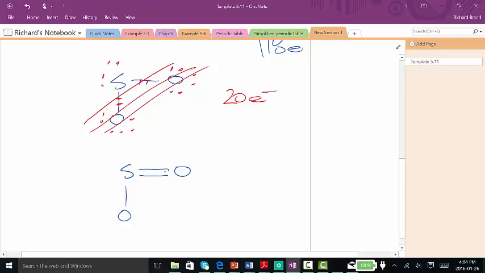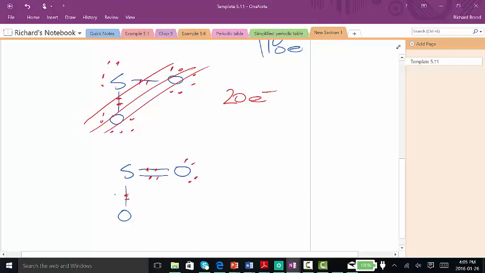I'm going to put dots on the bonds because, if you recall, a bond is the sharing of a pair of electrons. In this case, we've got 2 bonds between the sulfur and one oxygen, and here we have 1 bond. How many electrons does this oxygen see? This oxygen sees 4 electrons, wants 8, so it needs 4 more.